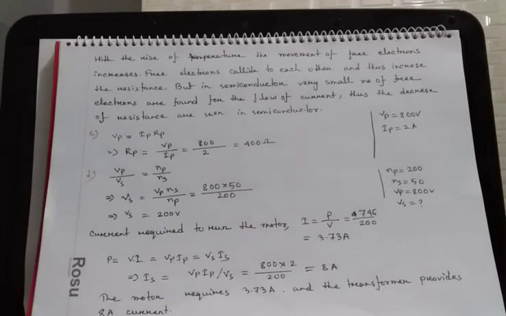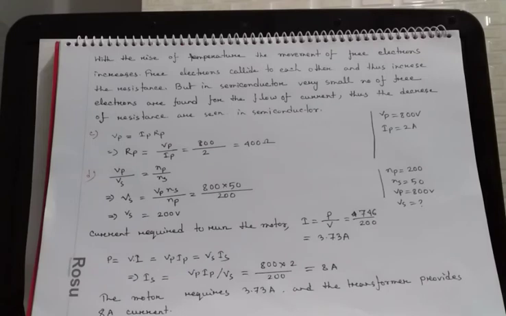So we can write Vp by Vs equals Np by Ns, where Vp is the primary voltage and Np is the number of turns for the primary, which is given as 200. The number of turns for the secondary is 50, and the primary voltage is 800 volt. Then the voltage for the secondary will be 200 volt, and this voltage will operate the motor.